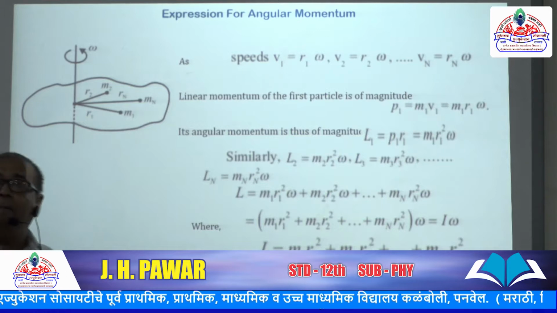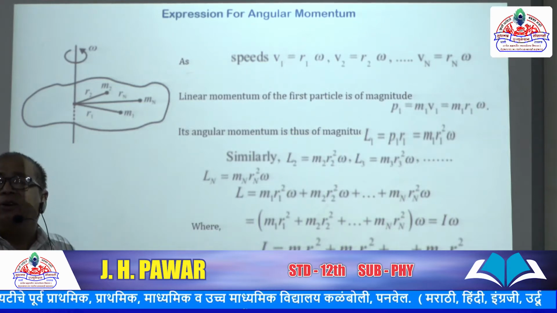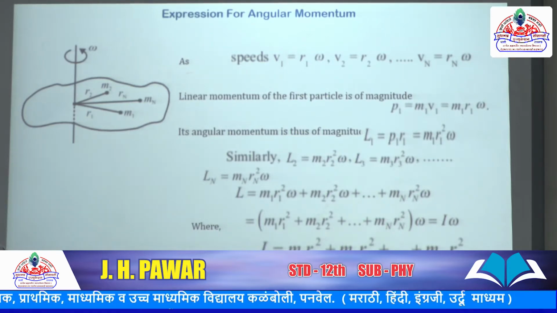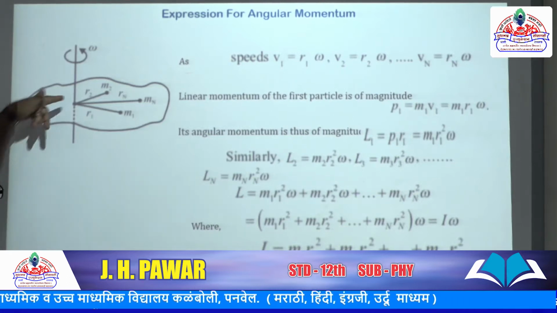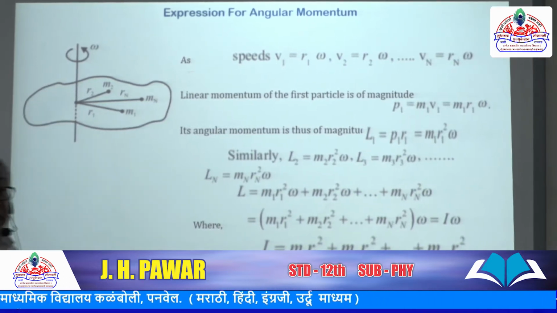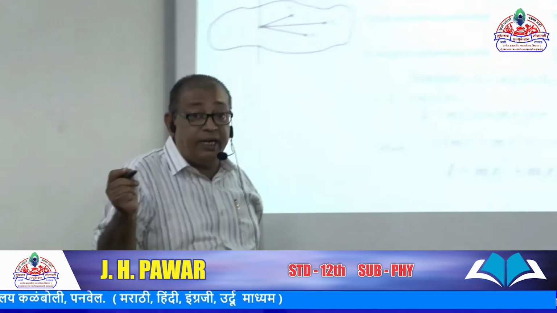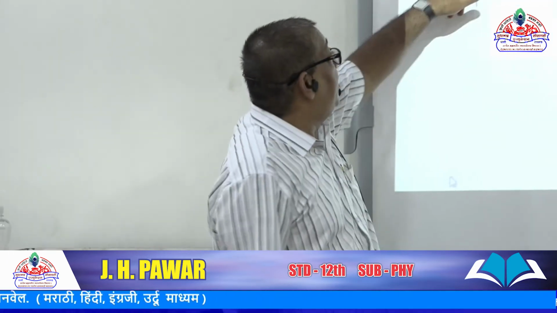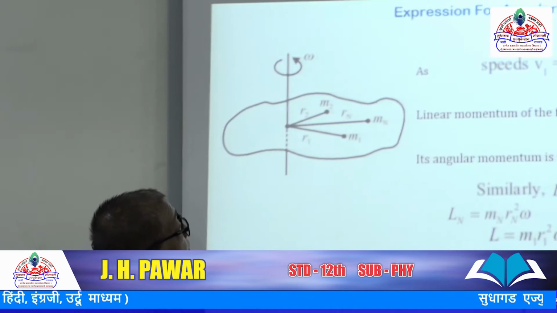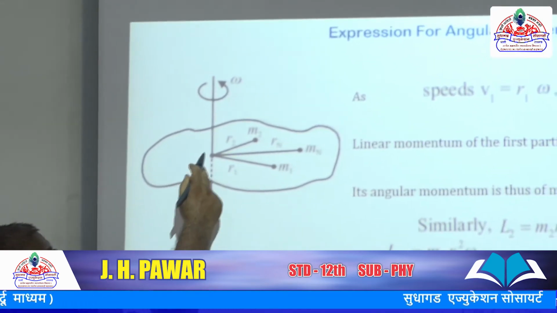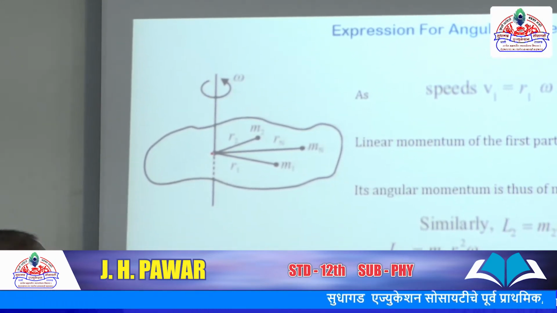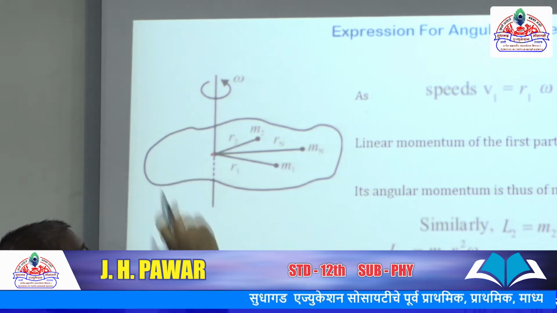This means when a fan is moving with constant speed, you can take this example. Again, a figure shows a rigid object which can rotate about an axis perpendicular to the plane of the paper with uniform angular speed omega.